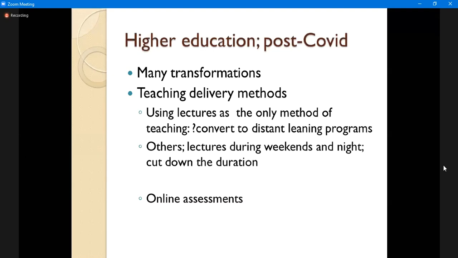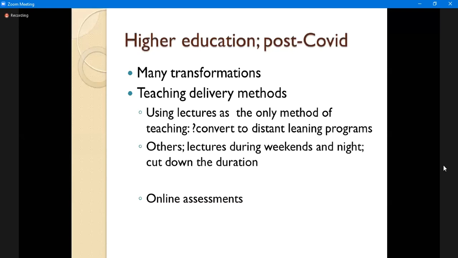And also in medicine, there are what's called science-based study programs, where there's more than lectures, like practicals and tutorials. You can perhaps have the lectures during the weekend and during the night, and cut down the duration.